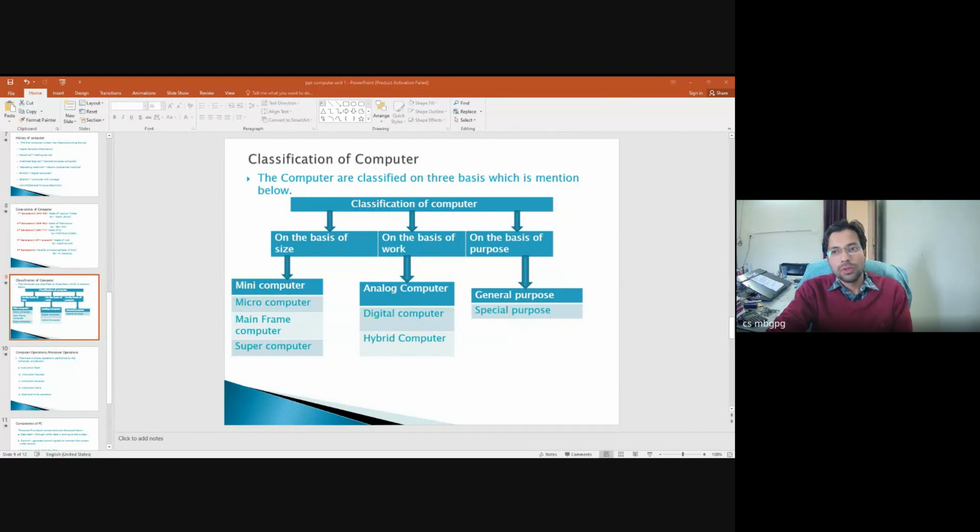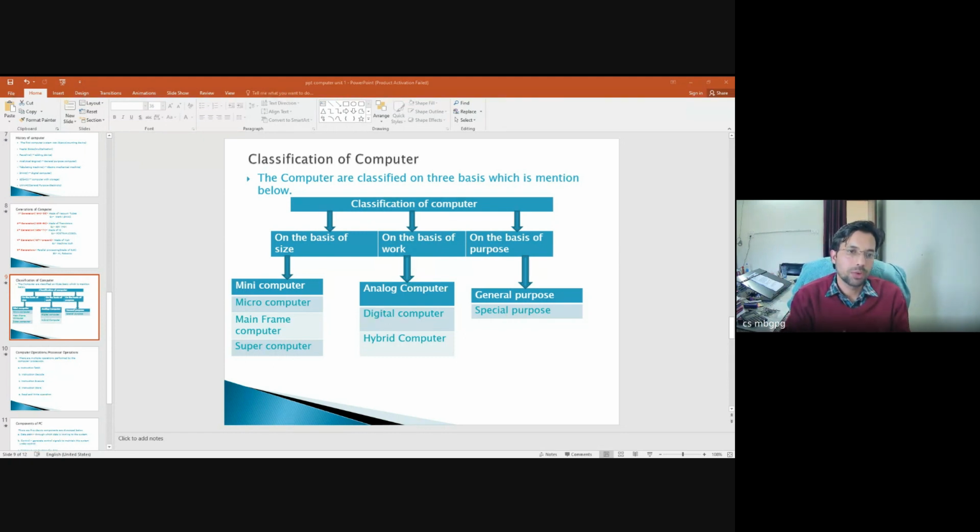Next, we have classified the computer system according to size, on the basis of size. On the basis of size, you have already learned about different types of computer systems in your previous classes.